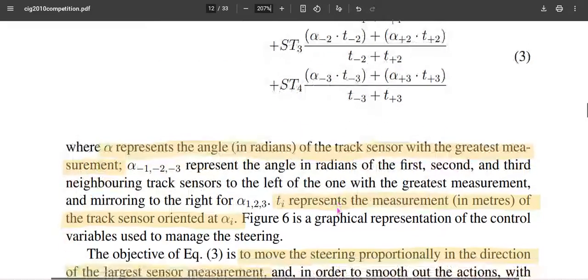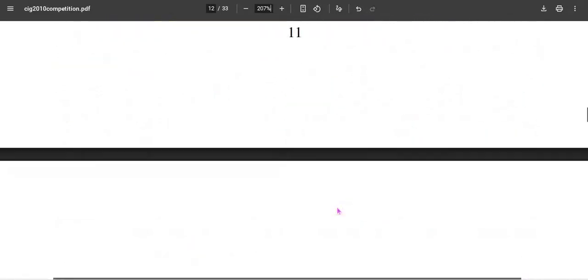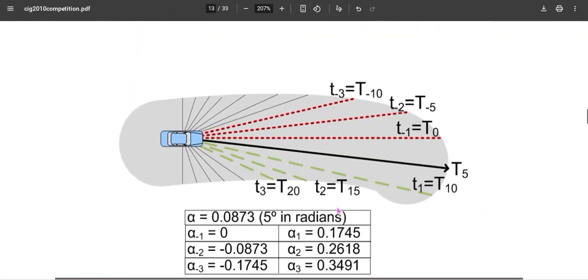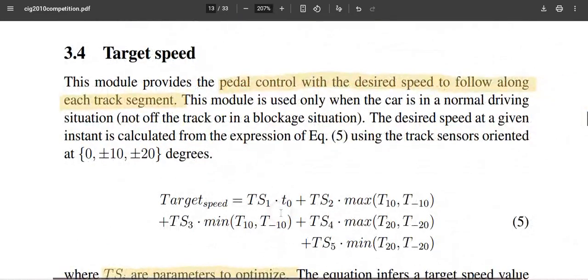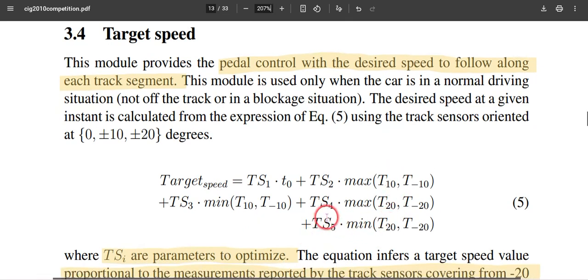Similar to these things, how much it can travel the maximum distance, and that left side will be minus 10, minus 20, like that, and the right side will be 10, 20, something like that.